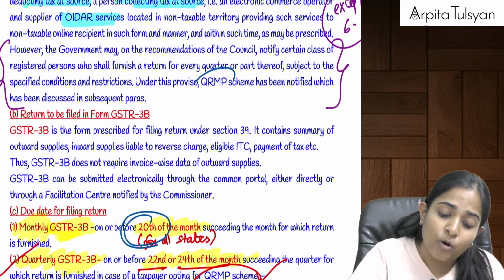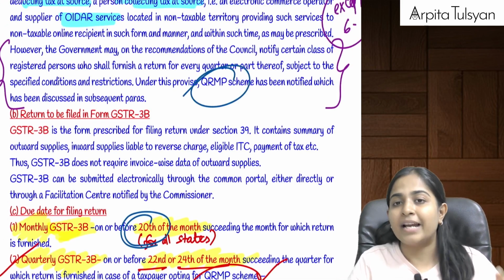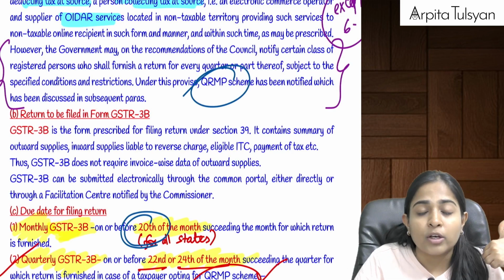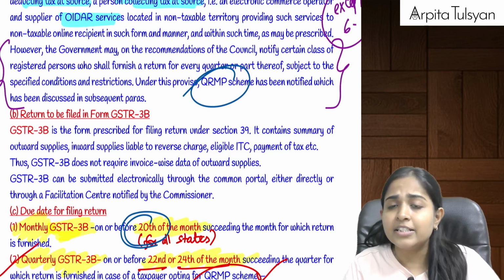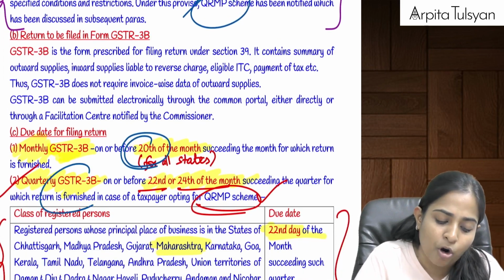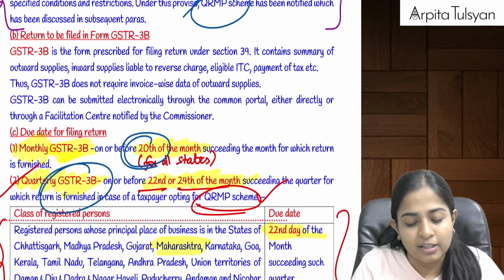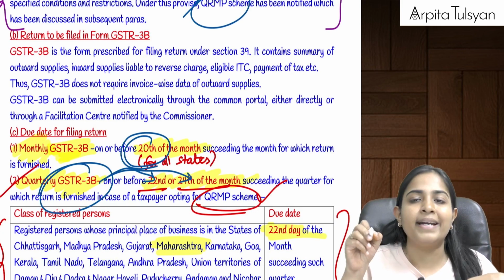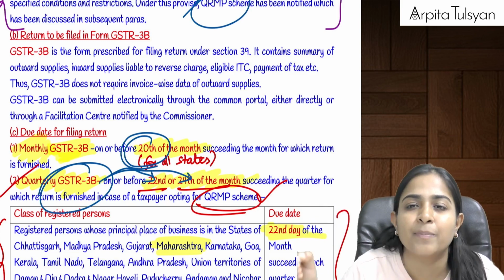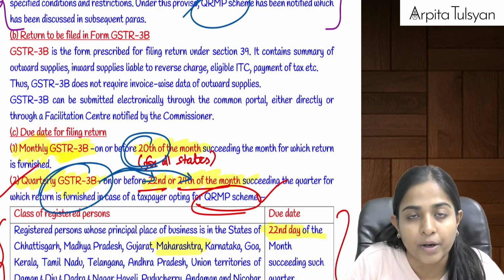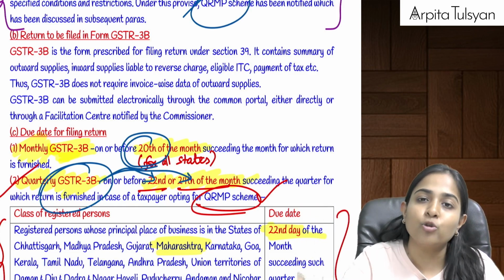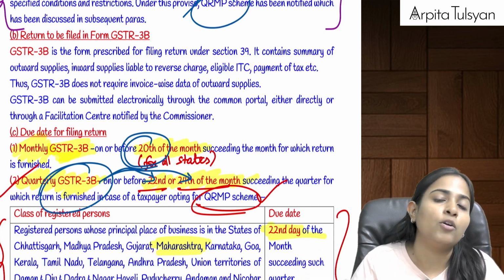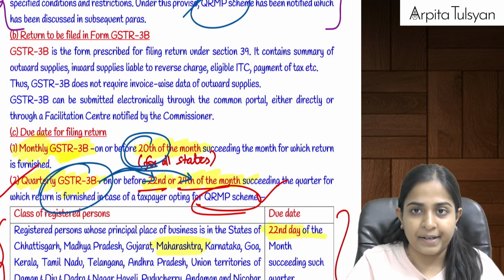But the people who have opted for the QRMP scheme, can we say they had filed their GSTR 1 also on a quarterly basis? GSTR 3B can also be filed by them on a quarterly basis, and the due date for that is either 22nd or 24th of the next month, immediately after the quarter gets over. If we talk about April to June, then the due date will be either 22nd or 24th of July.